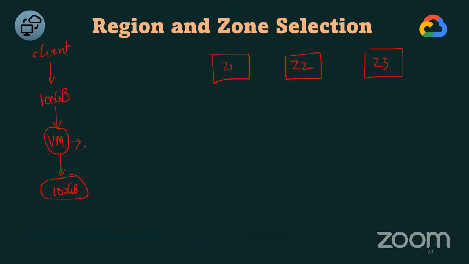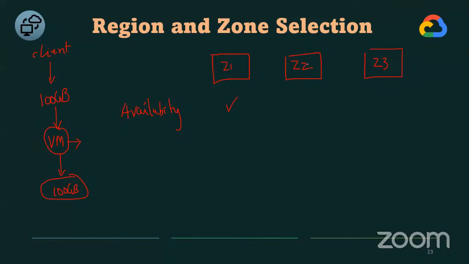So the very first thing, whenever you want to create a resource in the Google Cloud Platform, is to check the availability of that particular resource, because you want to create a virtual machine. Whether that virtual machine is available or not, you want to select it. The very first thing we select is availability. Is the VM available in zone 1? Yes.